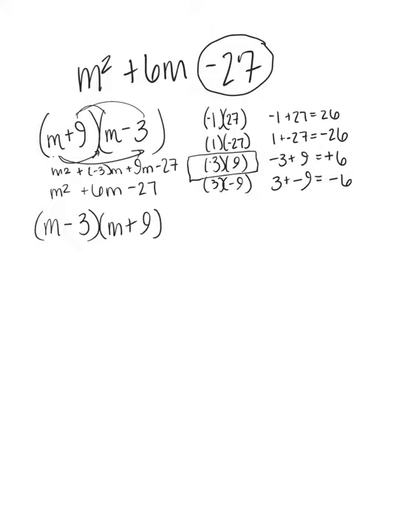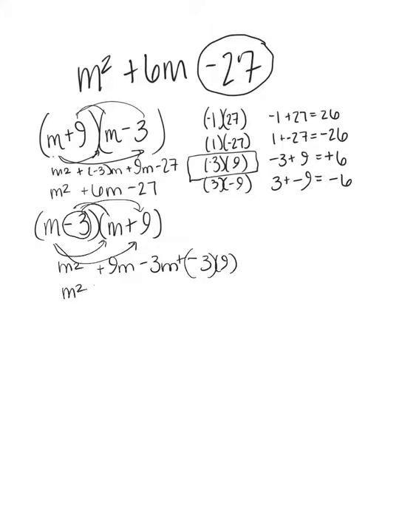So far we're good. Let's check this one. M squared plus 9m minus 3m. Remember to take your whole negative 3 here to your m. Minus negative 3 times 9. So I get m squared plus 6m minus 27.